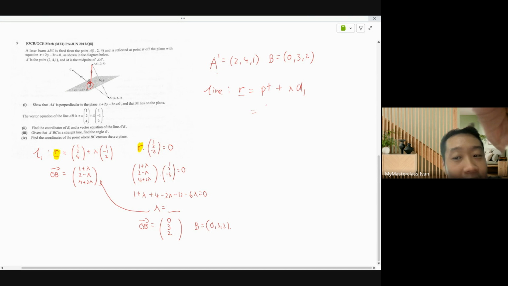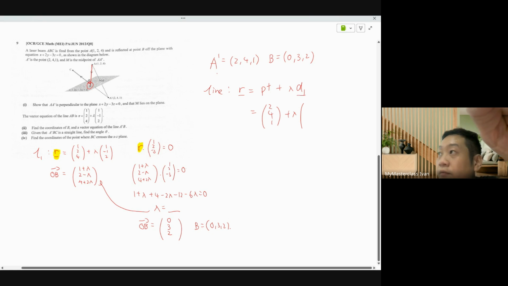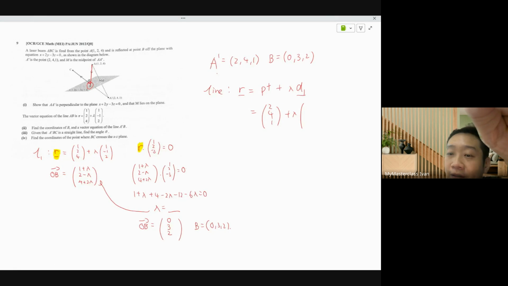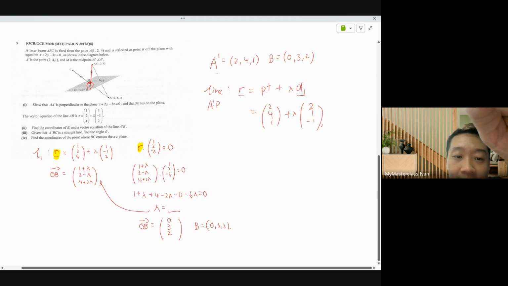A point can be either 1, 2, 4, 1. Plus lambda. How to get a direction? B minus A or B plus A? Yes, B minus A or A minus B, doesn't matter. So A minus B is 2, 1, negative 1. So that's the line of A prime B.